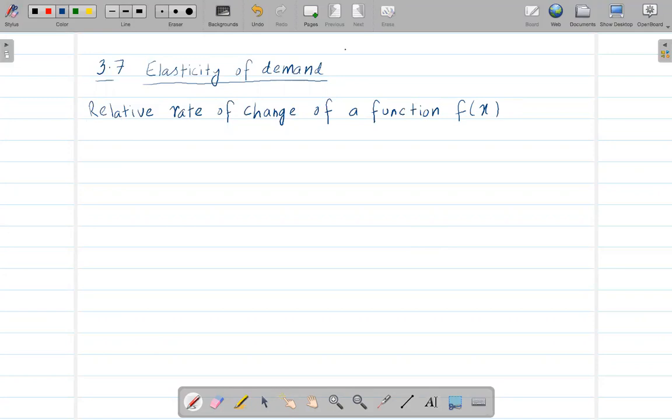The definition of this is that the relative rate of change of a certain function is always the derivative of the function divided by the same function. So we have f of x, and we take the derivative of that function and divide by the same function.